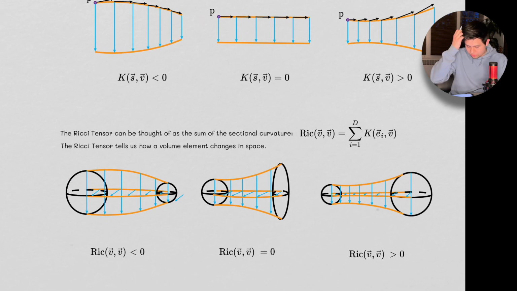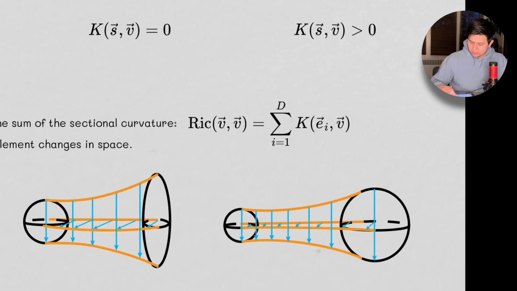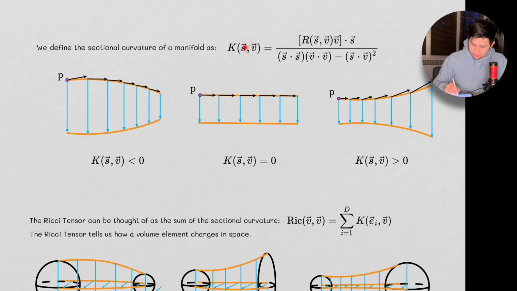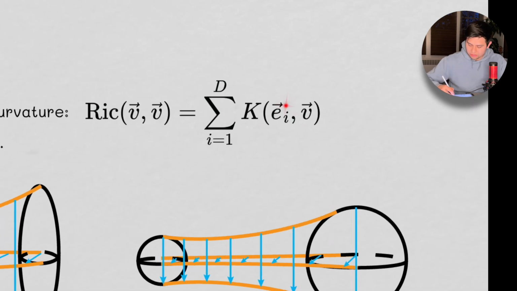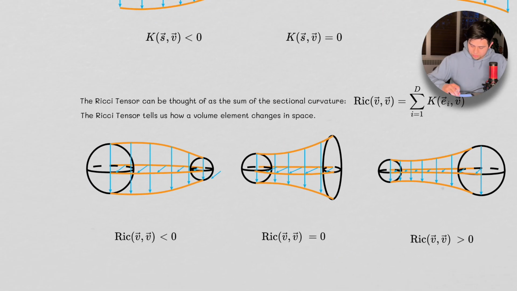Riemann curvature tensor. Okay, I'm going over this in a light-handed way, just to make things hopefully a little bit easier to understand. But the idea here, again, is that the sectional curvature, we input S and V. We're replacing S now with a basis vector, and we're identifying that basis vector with the direction, right?